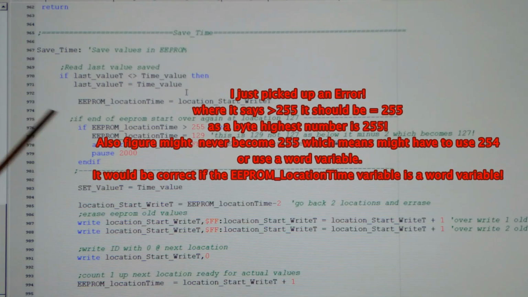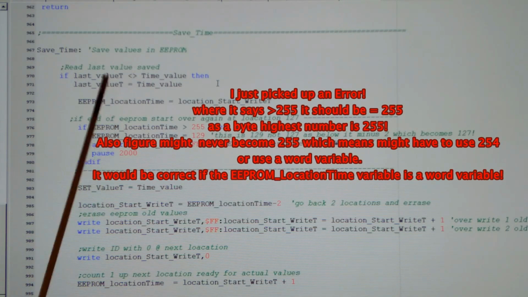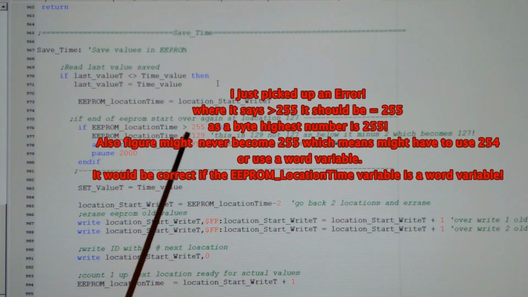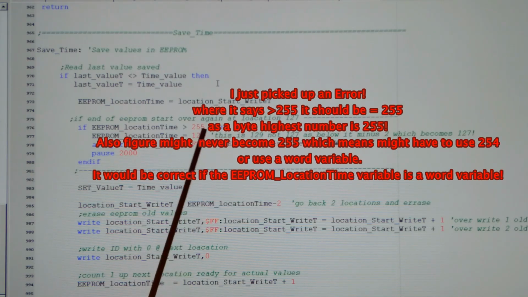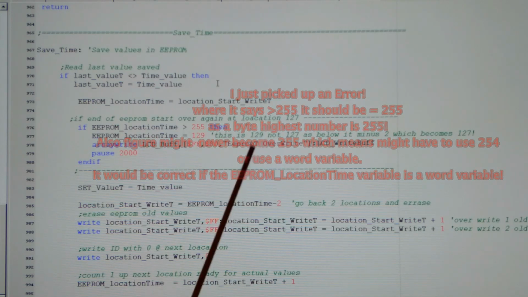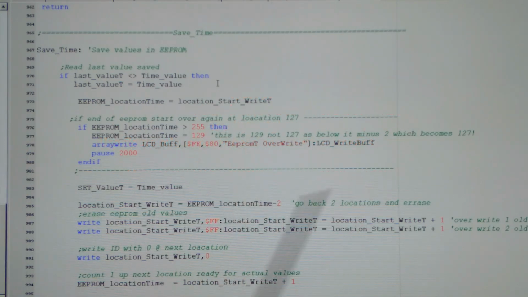If the value of the time has been changed, then we're going to write to the time, and you do the same thing. If it's greater than 255, which means you hit the highest location number, we're going to display EEPROM time override. We're going to go back and start again from the beginning of the locations of the time.